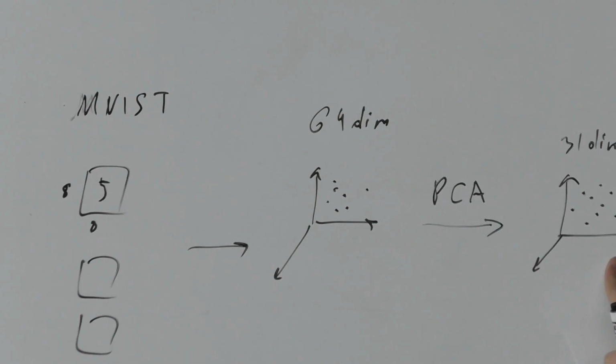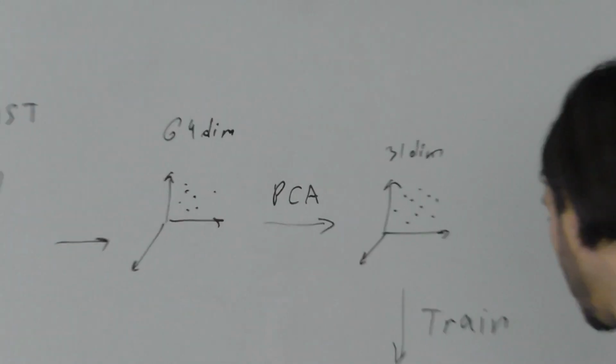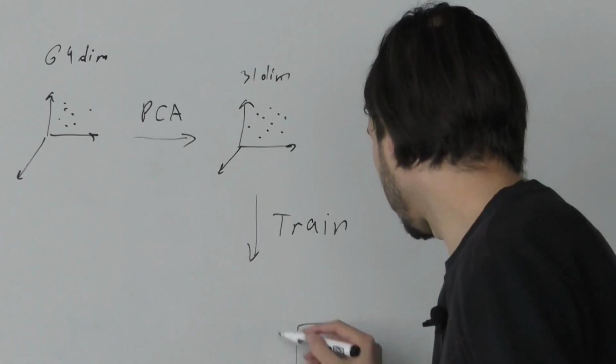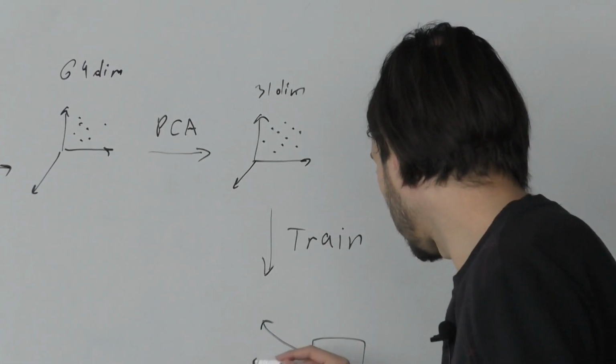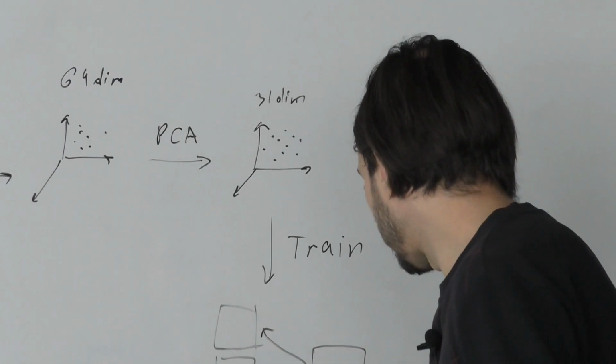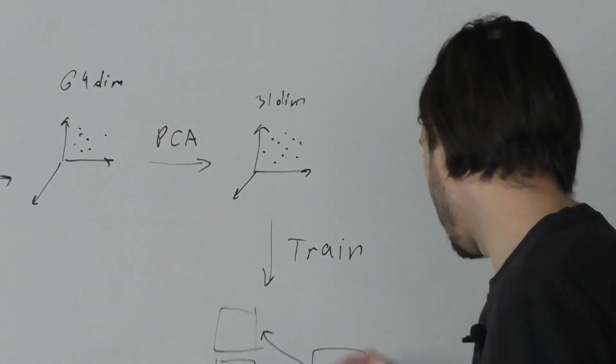Now I'm putting all these points into the GMM. So I want to train on these points. I'm training my GMM to get some parameters. Here is my GMM model.